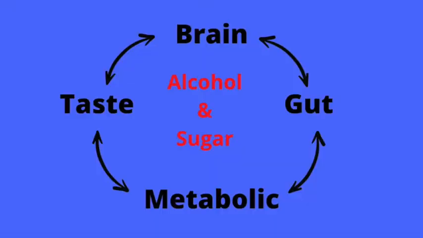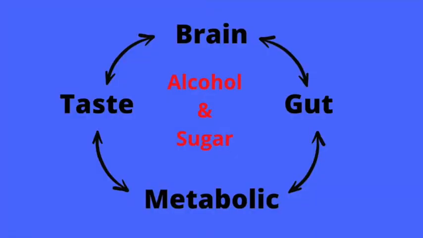On this slide, what I want to accomplish is to make you aware, in terms of cravings, that we have at least 4 components that drive what we feel are a need to eat certain foods, mainly the sugar and the alcohol. So first we have the brain, which is the central player in this.